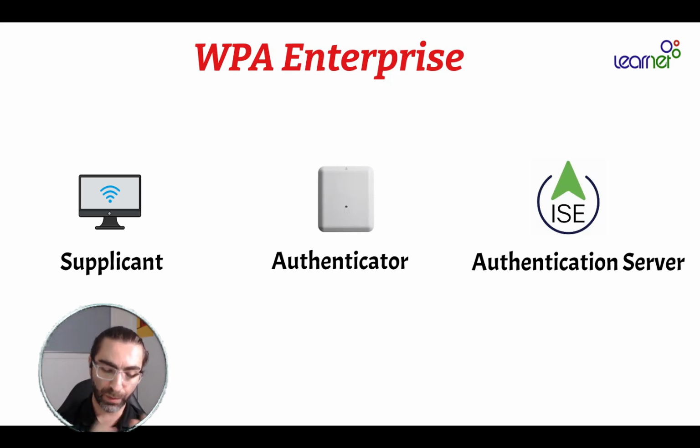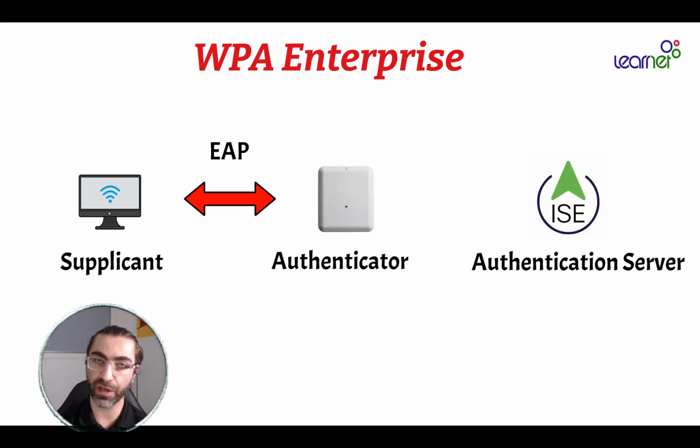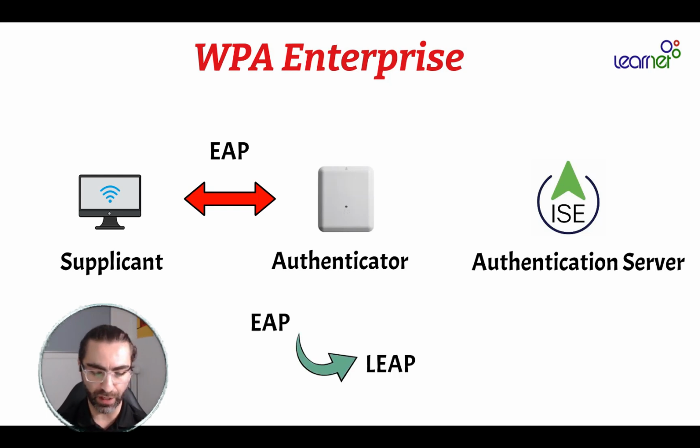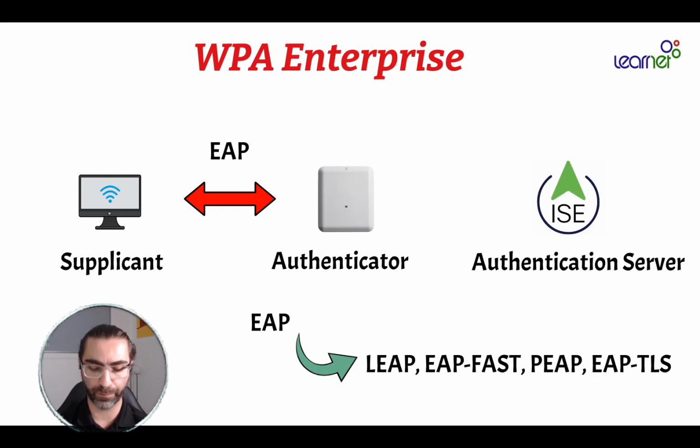Anyway, the communication between the supplicant and the authenticator is happening through a protocol called EAP, or Extensible Authentication Protocol. EAP has different flavors like LEAP, Lightweight EAP, or EAP-FAST. FAST stands for Flexible Authentication via Secure Tunneling, or PEAP, Protected EAP, or EAP-TLS, which stands for Transport Layer Security.